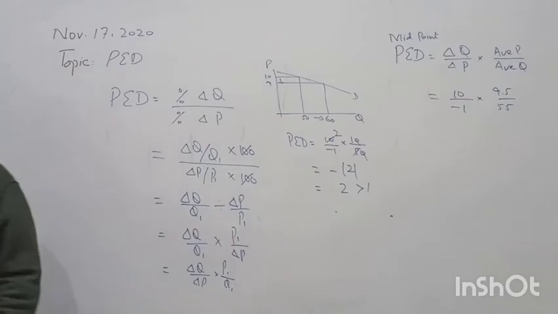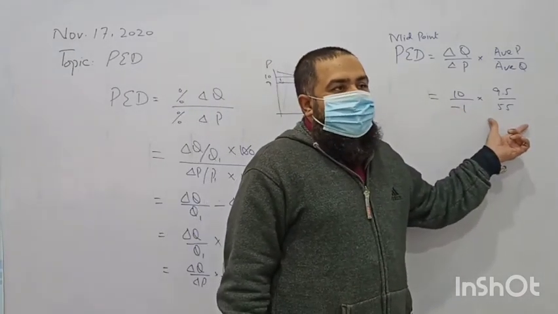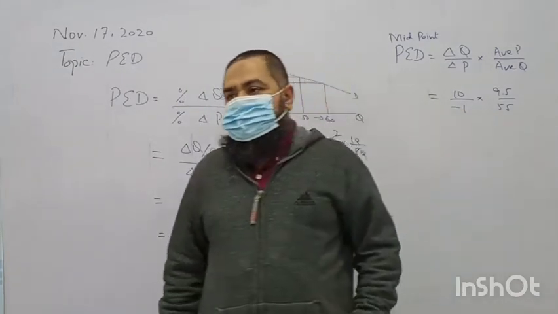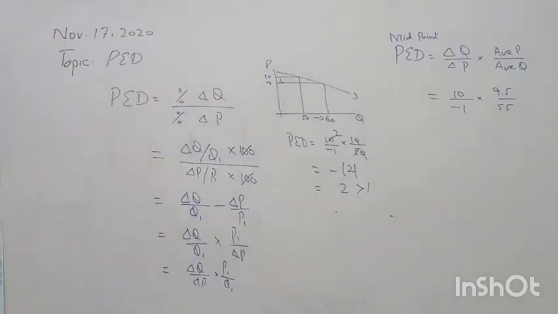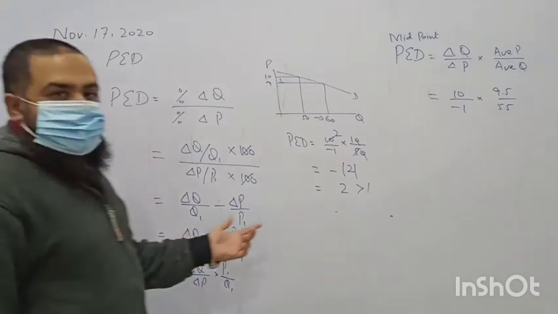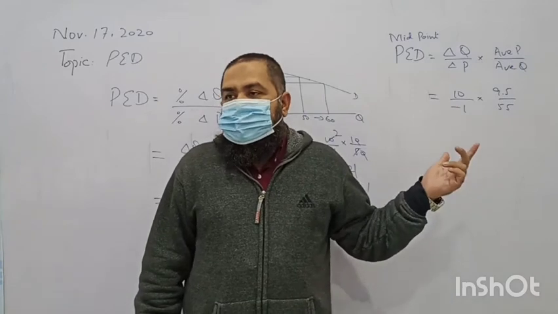On average, what is the elasticity? It is the price elasticity of demand using midpoint or average values of prices and quantities. So we could find it like this as well. Sometimes in MCQs it is asked what the midpoint value of price elasticity is, that's why I am clarifying.